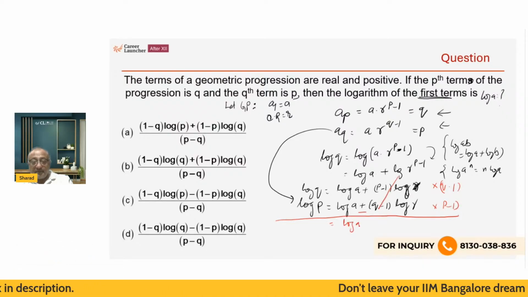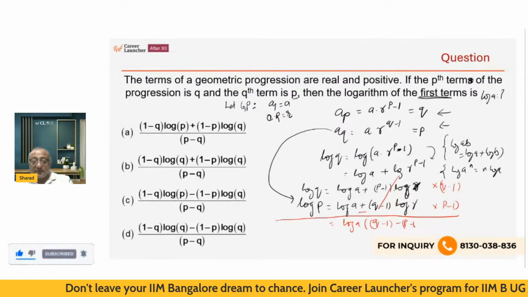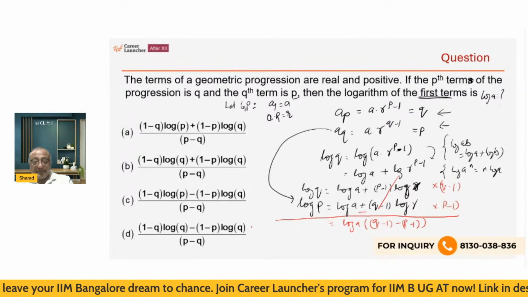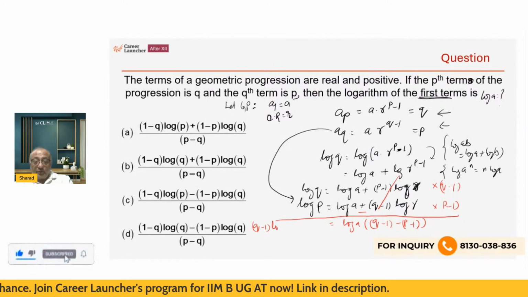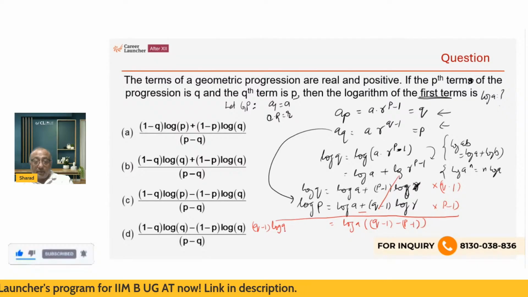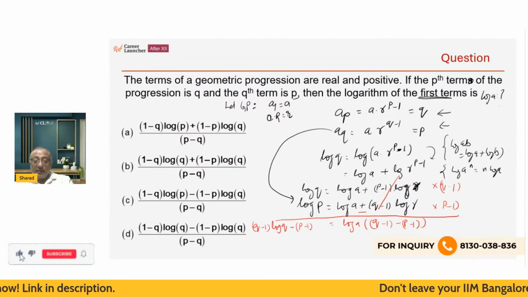Log a is common, and q minus 1 minus p minus 1, that is the right hand side. Over here, children, this is easy. If you do it on your own, you will have no difficulty. Normal class 9th step, log p. That's it.